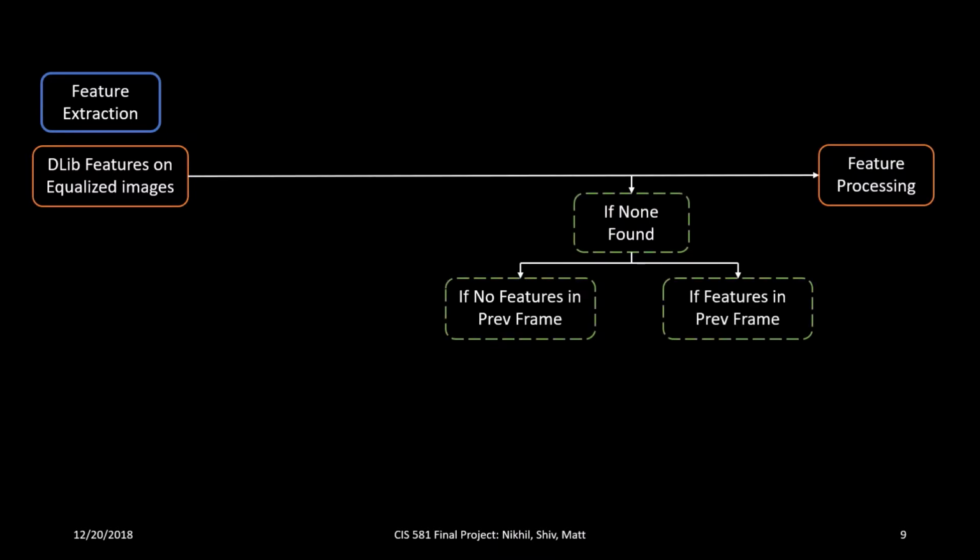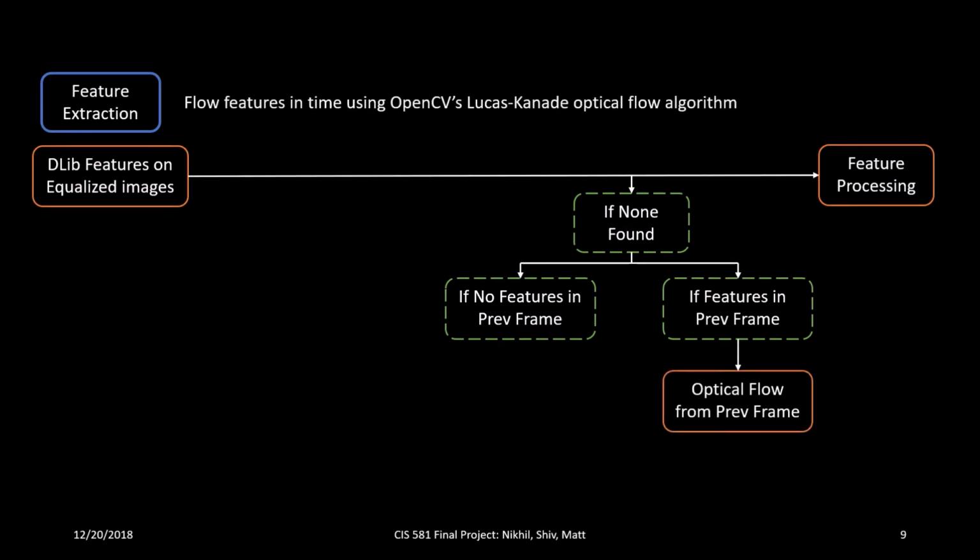First, if no features are found, we care about whether we have features in the previous frame or not. If we do, then we can use optical flow to flow those features forward in time to the current frame.